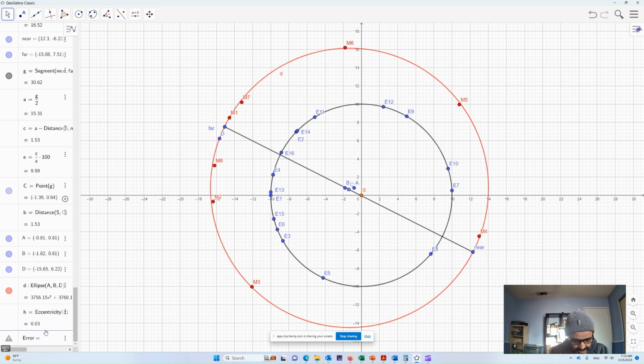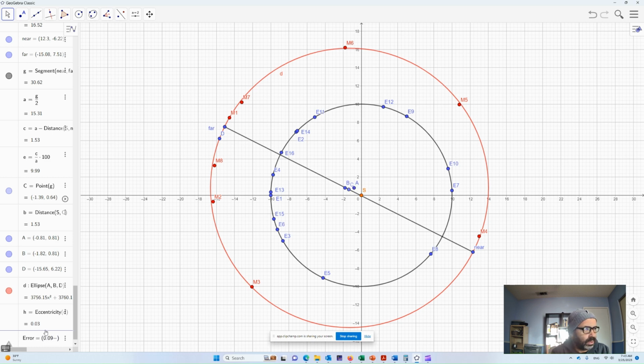So my error is going to be the absolute value. Is there an absolute value function here? I don't know. It's just the difference between 0.09 minus 0.03, divided by 0.09, times 100. So it's going to be a huge error for my case, okay?